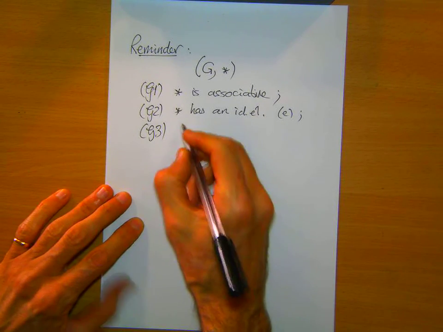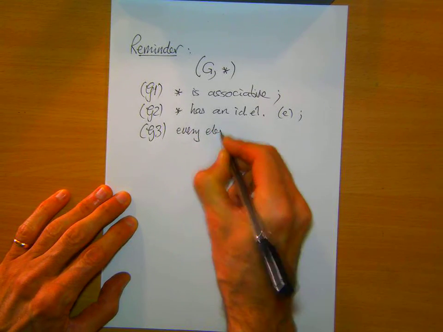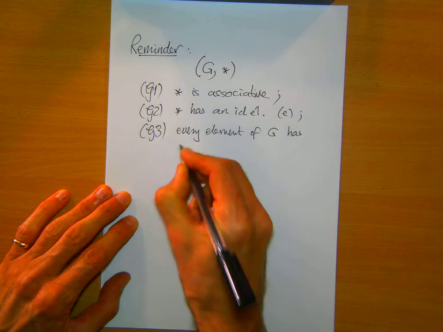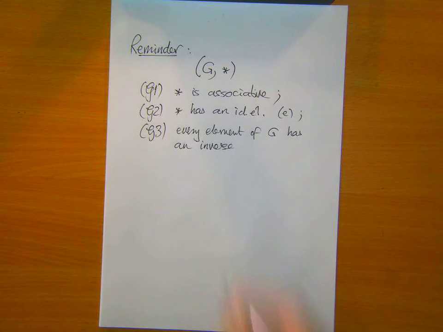And we also assume that every element of G has an inverse element.